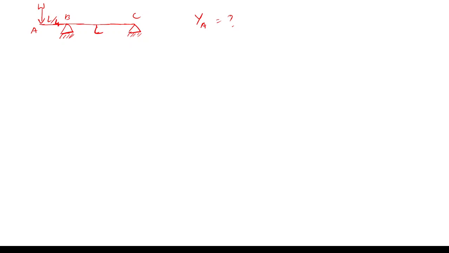Yeah, have you solved? Has anyone solved? No, sir. Reactions finally. Reactions are 5W by 4 and W by 4 downward. So the reaction here is 5W by 4, and here it is W by 4 downwards.